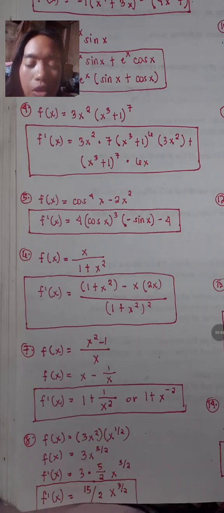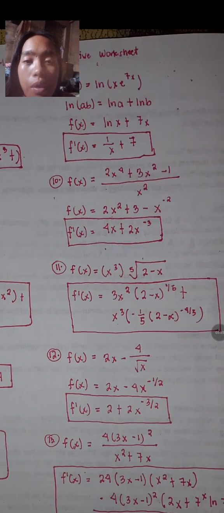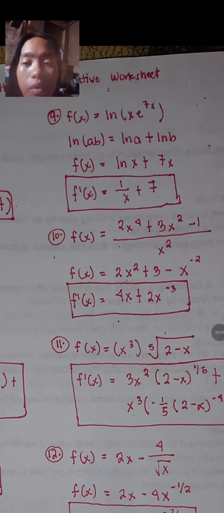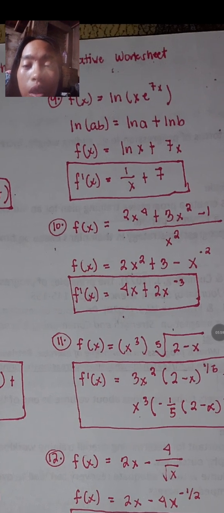And then the final answer of our derivative is f prime of x is equal to 15/2 x to the power of 3/2. So let's proceed to number 9.